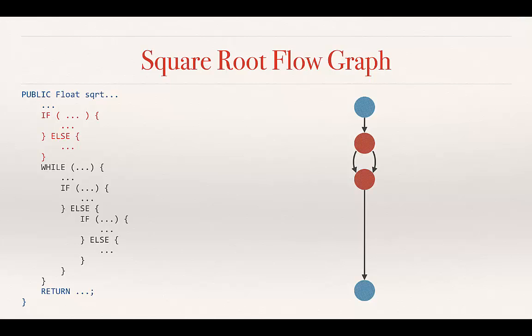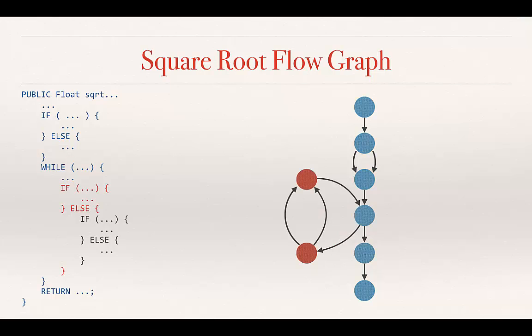Now let's add the while loop to the flow, but without adding those internal selection statements. We add the while loop by adding two nodes and two edges. One edge goes to the next node, and the other edge circles back to the node it started from. Now let's add the outermost if statement from that loop.